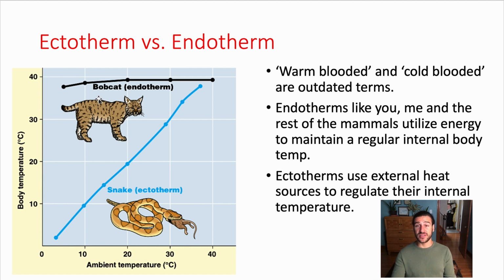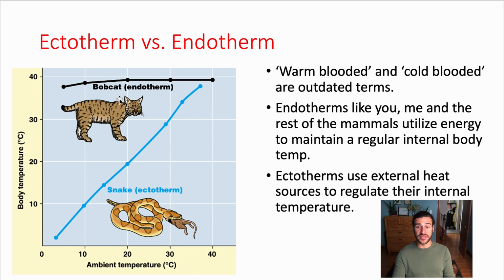So this is a main reason why we do see endotherms living in these extremely cold and demanding places. A snake is simply not going to have its own metabolism. The activity of its cells will literally come to a halt in these temperatures. So you do not see them there.